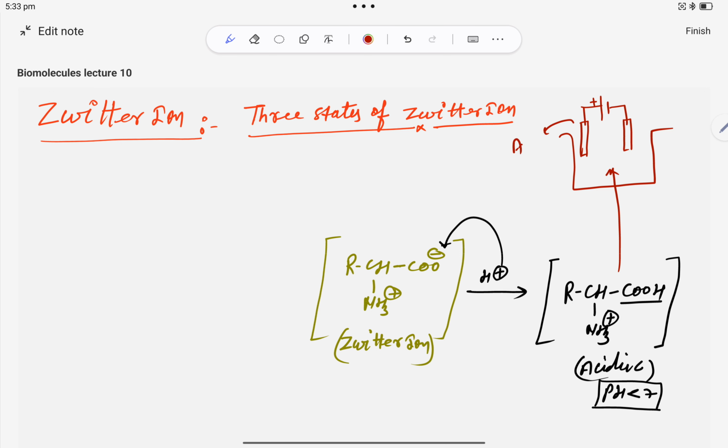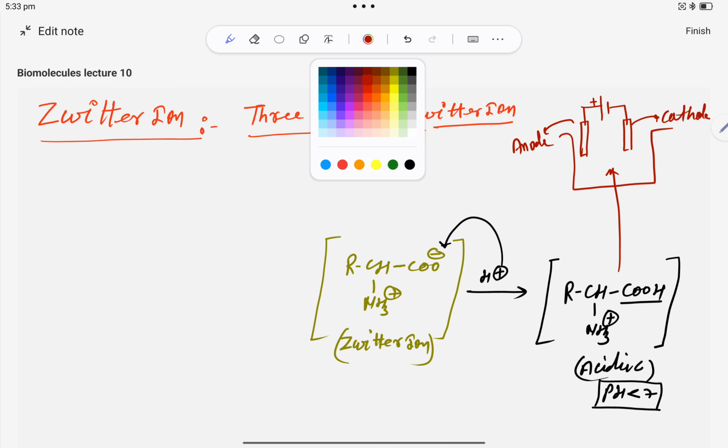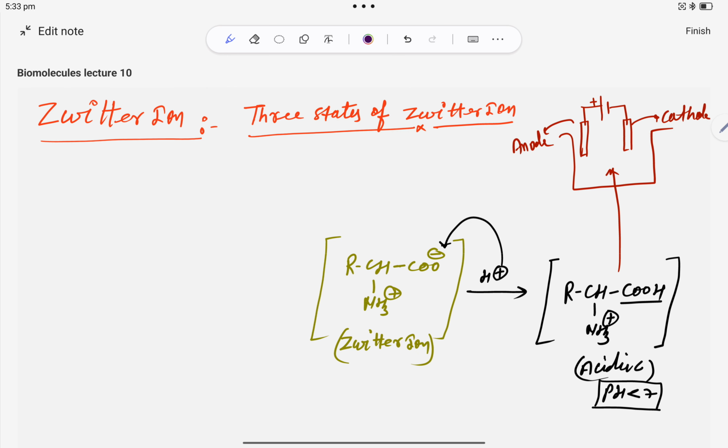So it is your anode and it is your cathode. So tell me one thing, where the ion will be liberated, at the anode or at the cathode? This ion liberated on the cathode, because here the positive charge is present. Because of this positive charge, they will be liberated on cathode. That you have to write here.